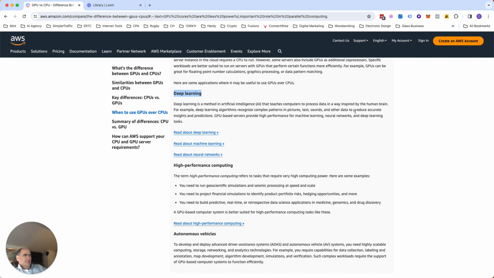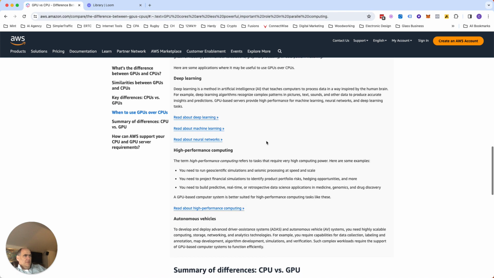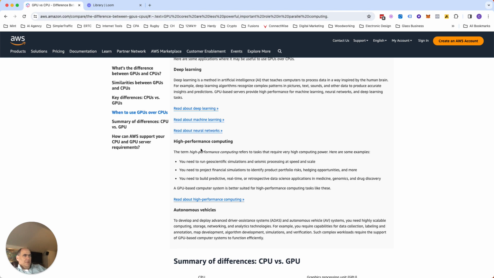They have come up with this deep learning concept, and it was inspired by the human brain. They recognize complex patterns in pictures, text, sounds, and other data, and produce accurate insights and predictions. They're doing this by doing massive parallel processing, basically. We used to talk about that in the day. The term high performance computing refers to tasks that require very high computing power.